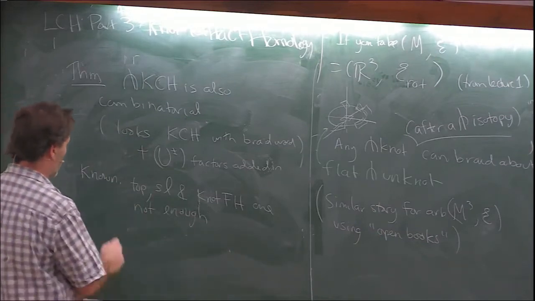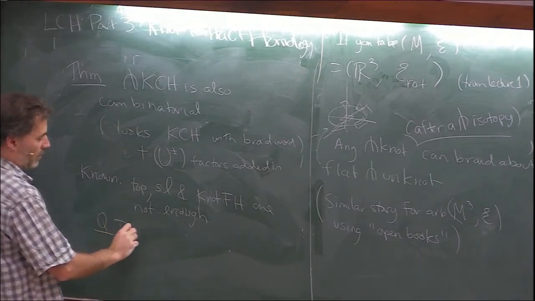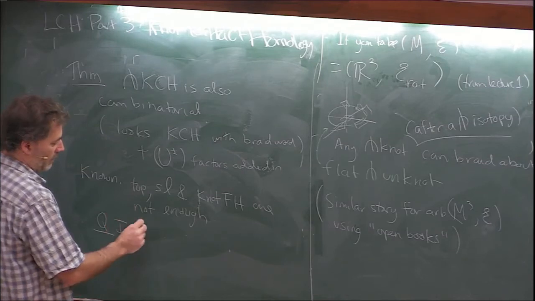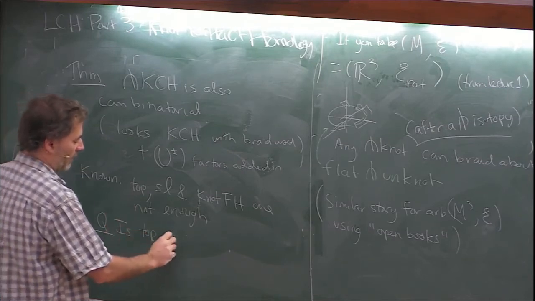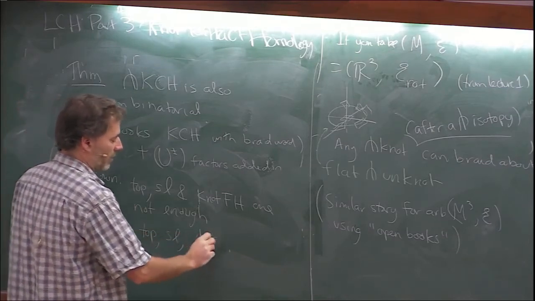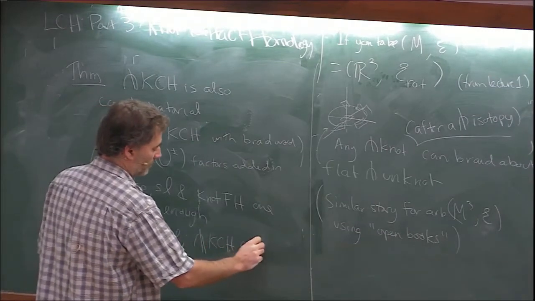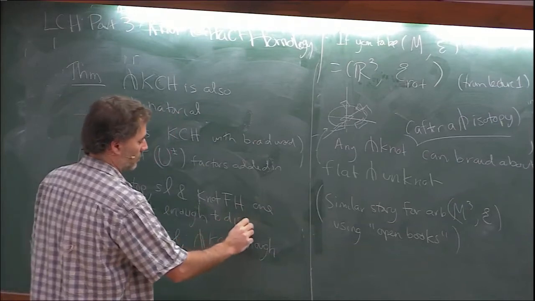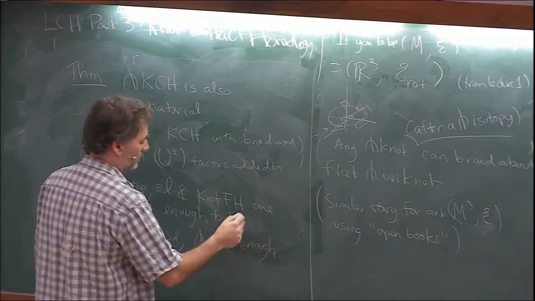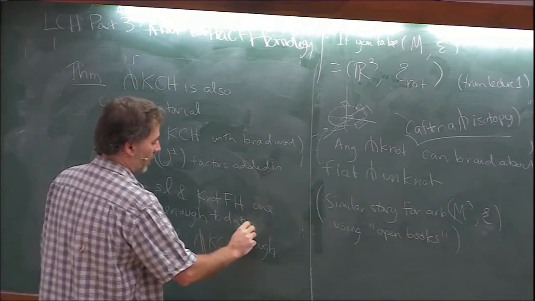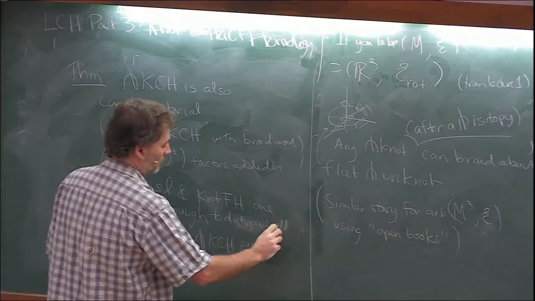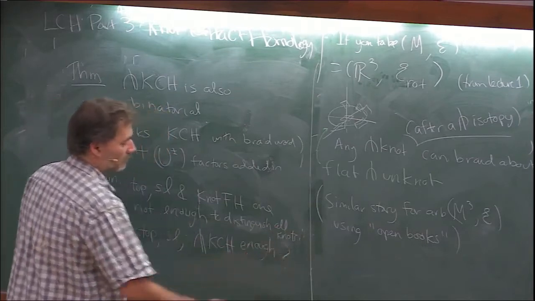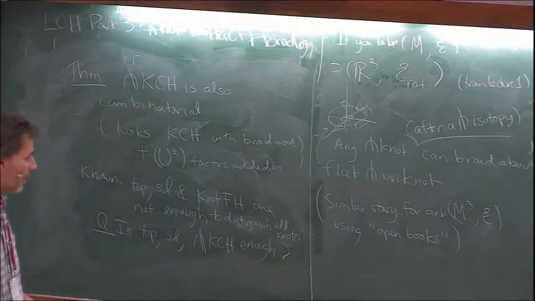So it's open: is the topological invariant, the self-linking number, and the transverse invariant enough to distinguish all knots? Okay, so that's one question.